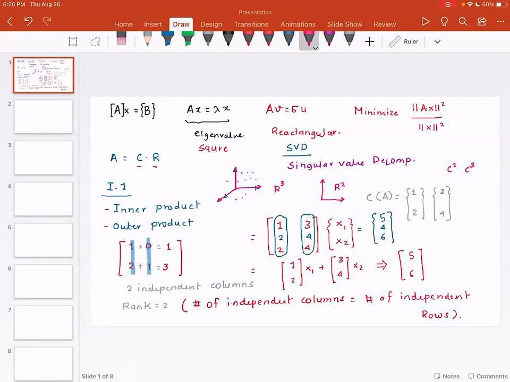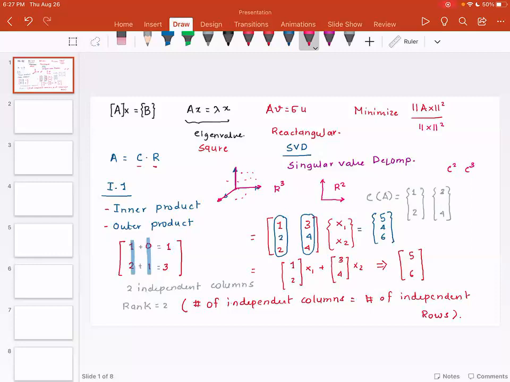And I want to move on to the next page, which is page number 4. That is where the entire section talks about the concept of independence, which means if any vector, and when I say vector, any column, is expressed as the linear combination of a constant multiplied by the first column plus a constant multiplied by the second column, which gives you the third column, that is not linearly independent.